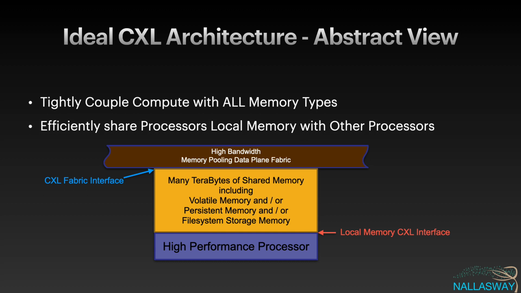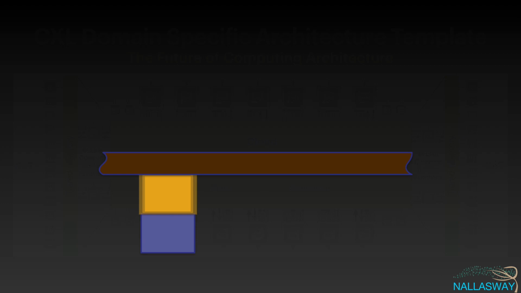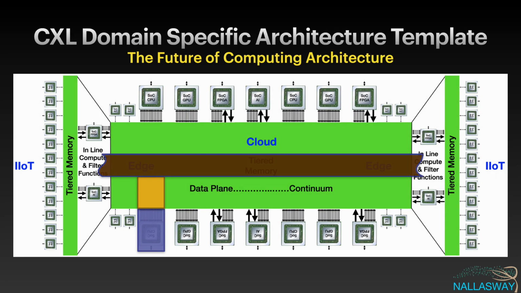If we take this simplistic building block and map it onto my big diagram, we can see that you've got your data plane continuum, which has the data plane fabric, and the memory in the tiered memory structure local to one processor.